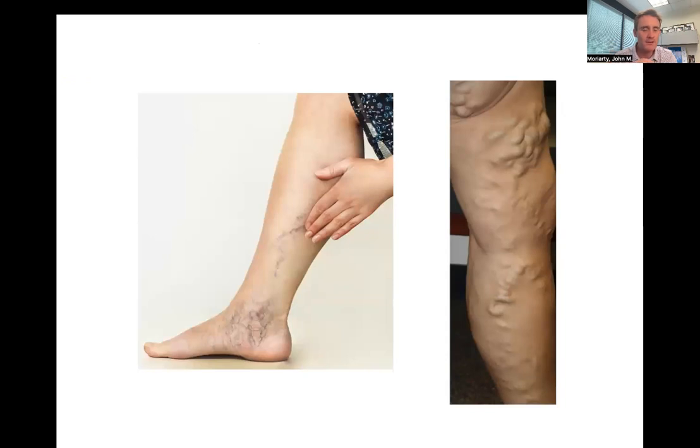They can range from mild dilatation of the skin veins like you see here, all the way up to big ropes that extend into the thigh. Some people get them across the belly, some people get them in the pelvis, some people get them in the vagina or vulva, and some people get them as hemorrhoids. But these kind of large varicose veins are incredibly common. And if you have post-thrombotic syndrome, they can make it considerably worse.